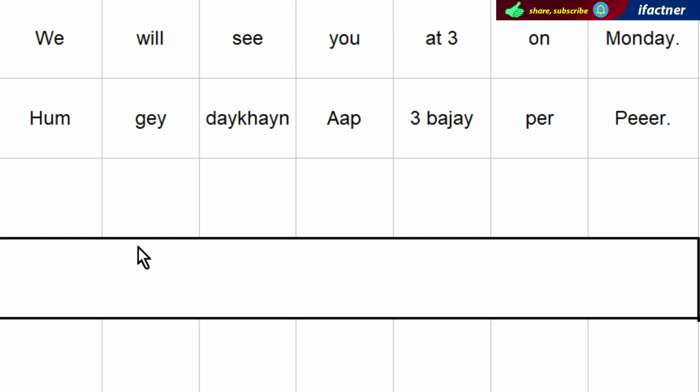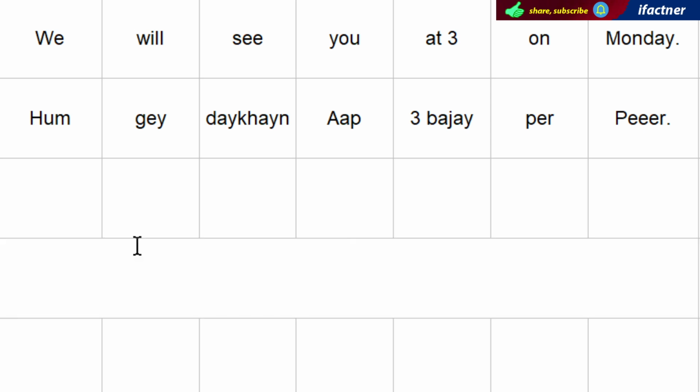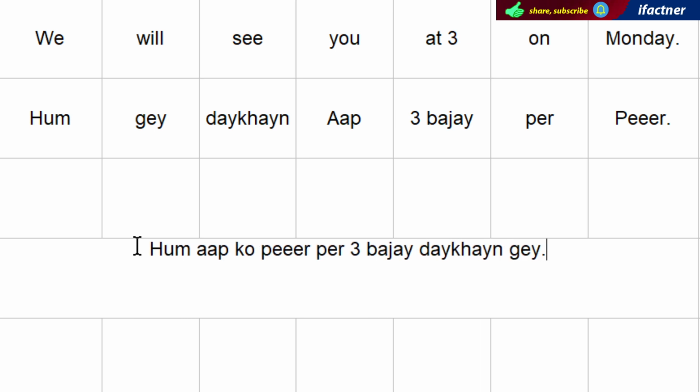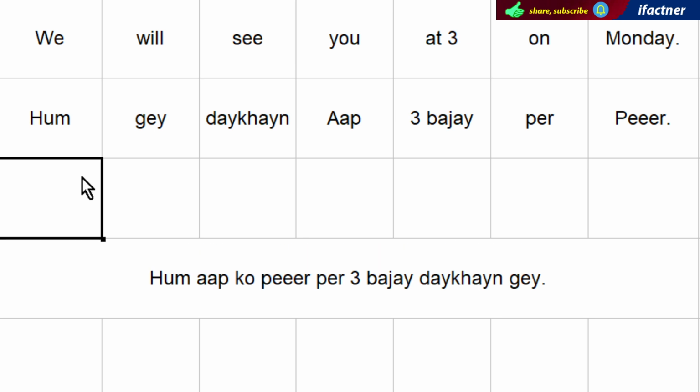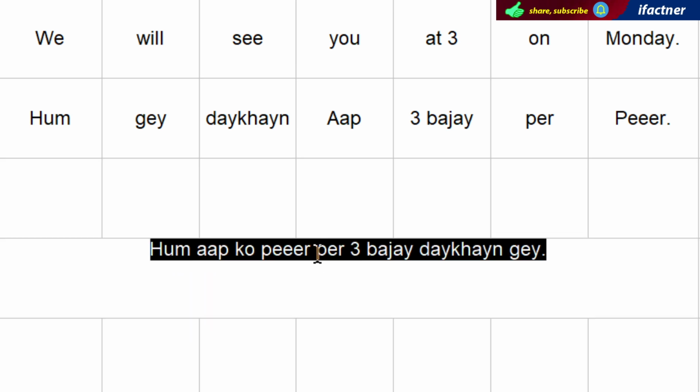So we can translate it as हम आपको 3 बजे देखेंगे. हम आपको 3 बजे, or you can say हम आपको पीर is Monday, पीर पर 3 बजे देखेंगे. हम आपको पीर पर 3 बजे देखेंगे, और simply we can say पीर को.